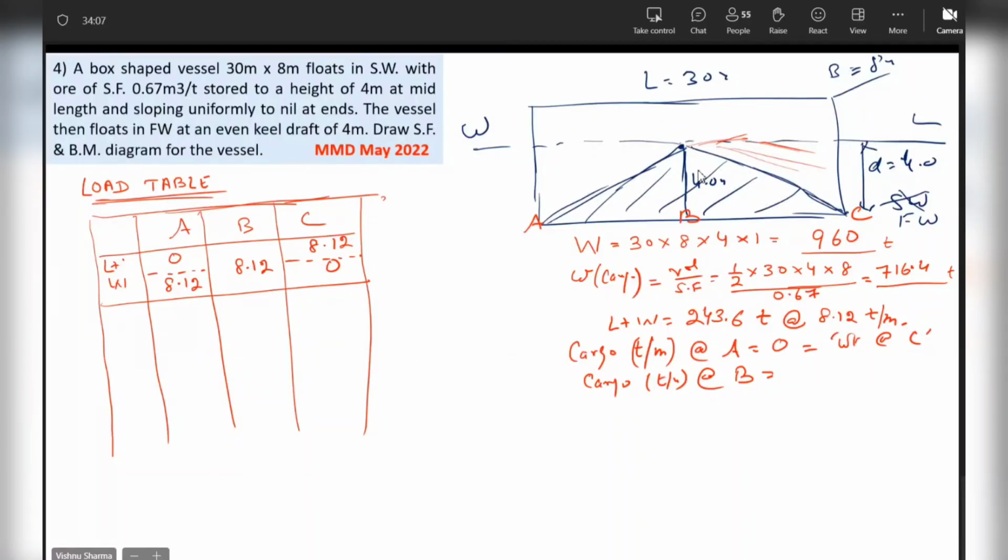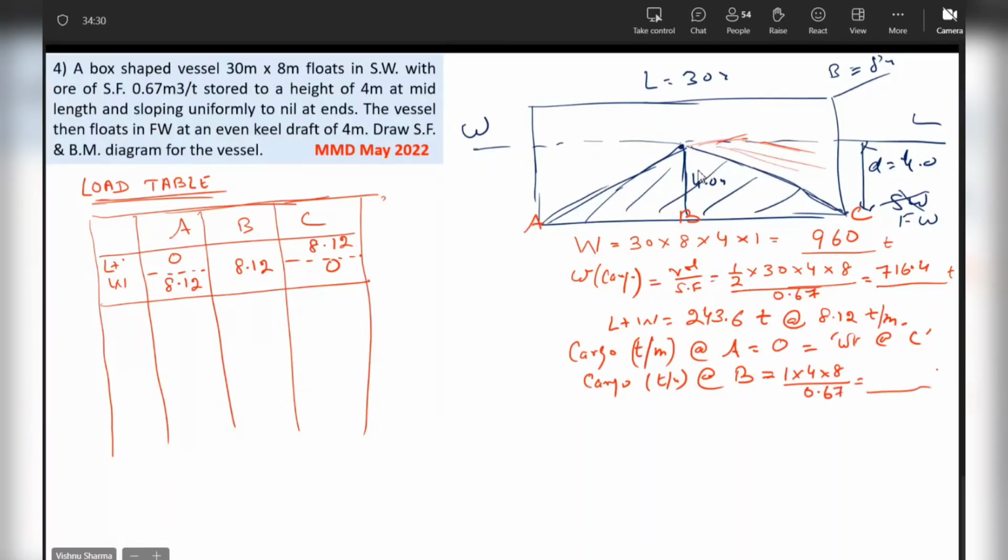Cargo weight at B will be equal to the weight of the cargo if the height of the cargo continues to be 4 meters for 1 meter. So 1 meter length, 4 meters height, 8 meters breadth of the ship or hold. This is the volume of the cargo, divided by stowage factor 0.67.